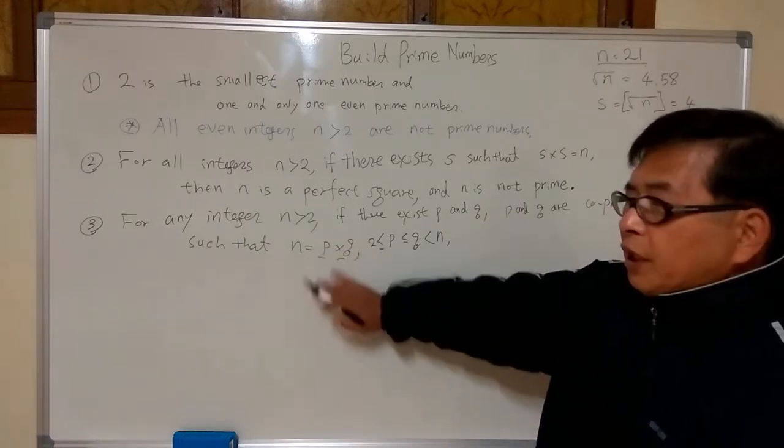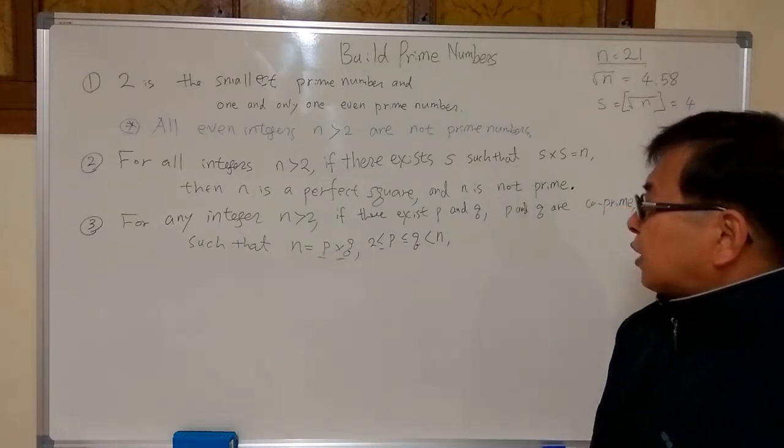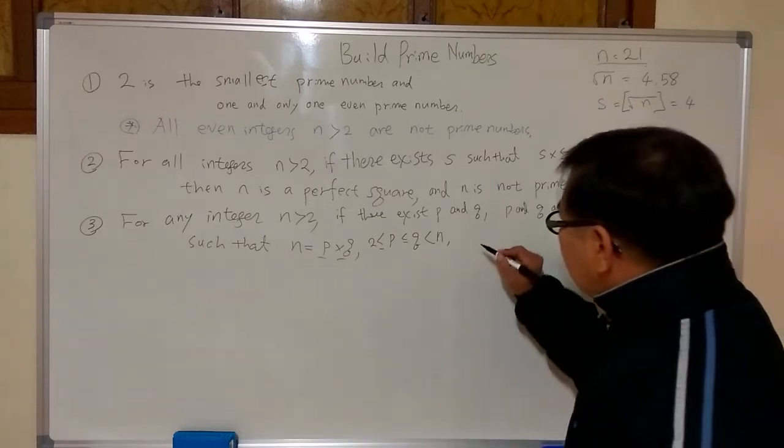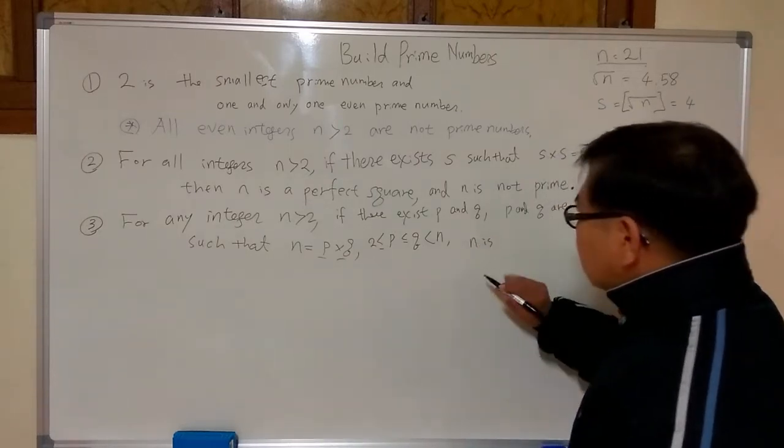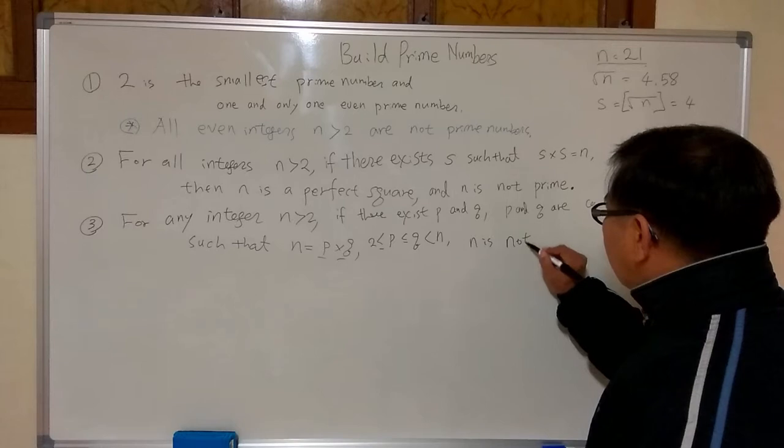Q exists, then P exists. If such P and Q exist, N is not prime.